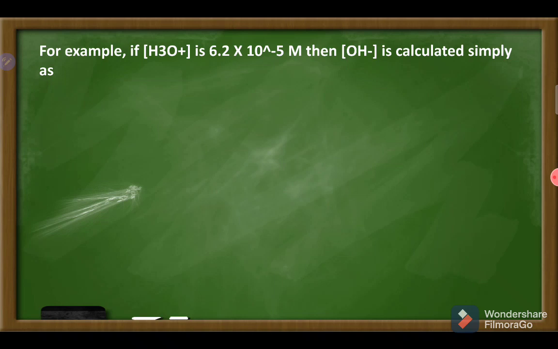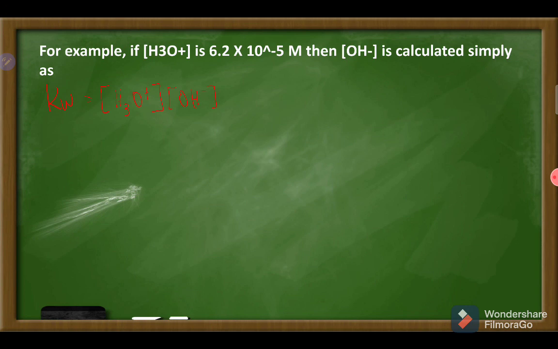For example, if the hydronium ion is 6.2 times 10 raised to negative 5 molarity, then the hydroxide ion is calculated simply as this. We have Kw is equal to hydronium ion times hydroxide ion.